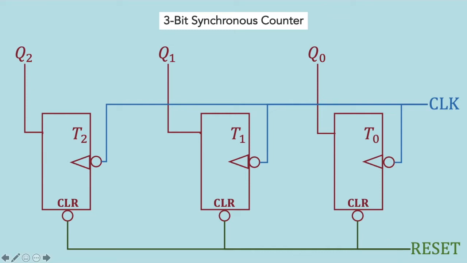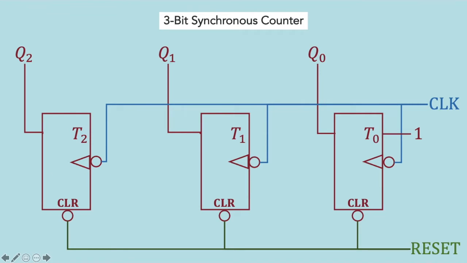at this reset signal. If you perform the procedure for constructing a sequential circuit which involves K-map, you will find out that the flip-flop for Q sub 0 must be connected to logic 1. Of course, the connections of Q sub 0, Q sub 1, and Q sub 2 that I'm about to show you will be different for other numbers of bits, like a 4-bit synchronous counter, 8-bit synchronous counter, and so on.